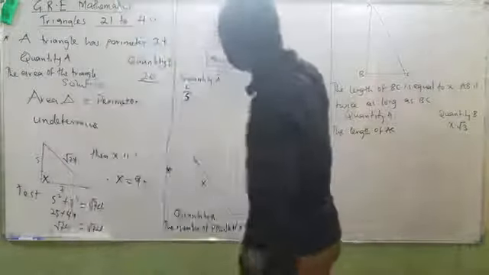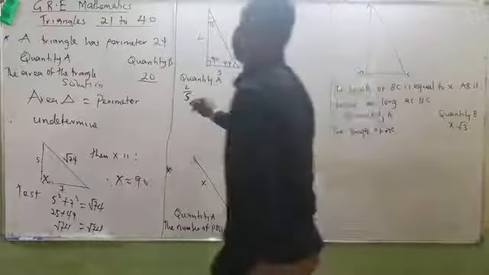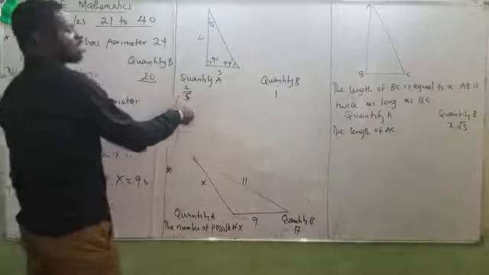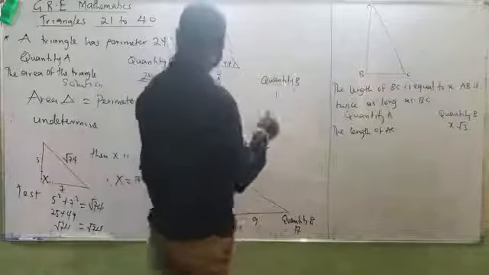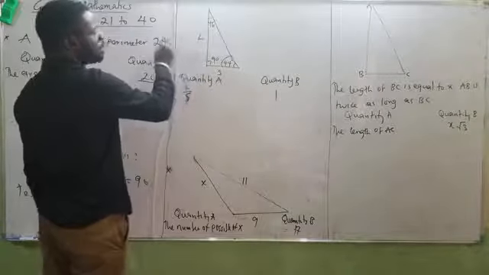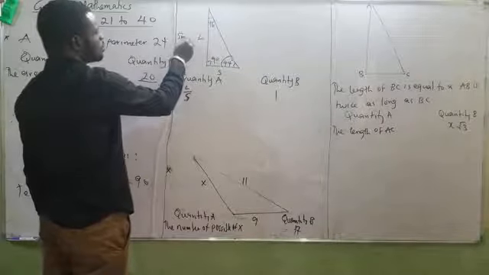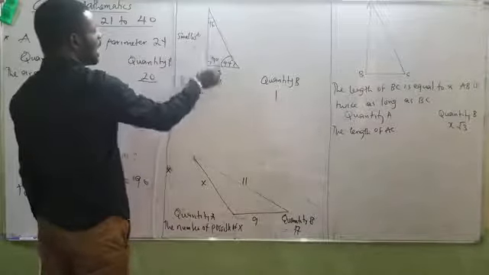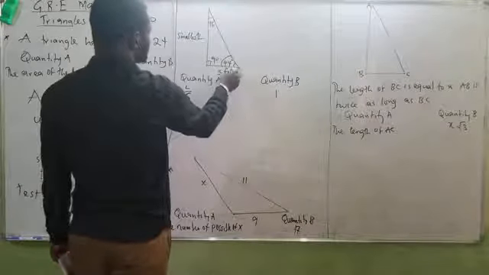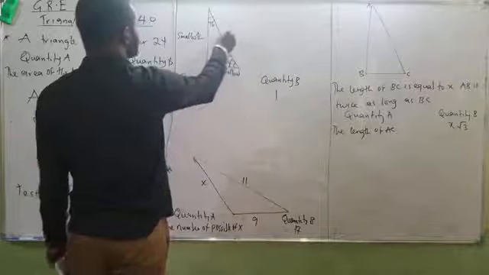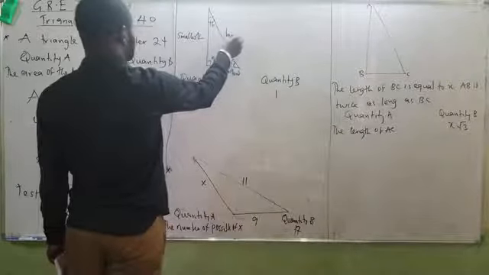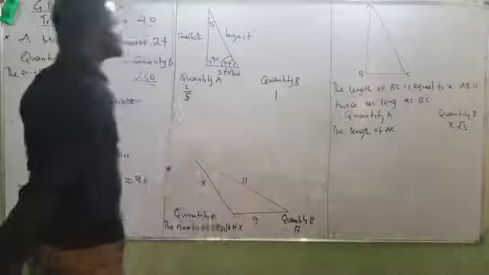Now, I have something like this. The question says quantity A is x over L, and quantity B is L over x. Truly, look at this. This is 44, it will be the smallest, followed by this, and this is the largest.